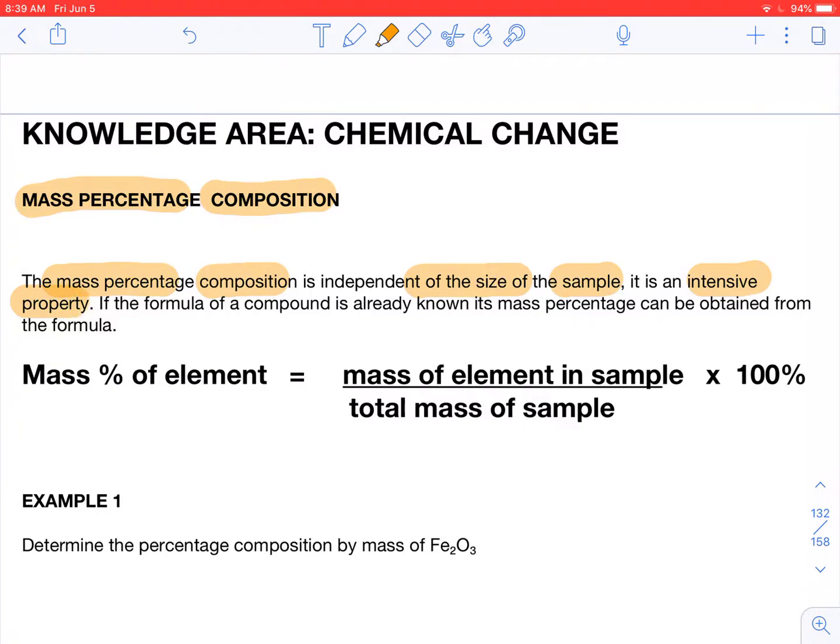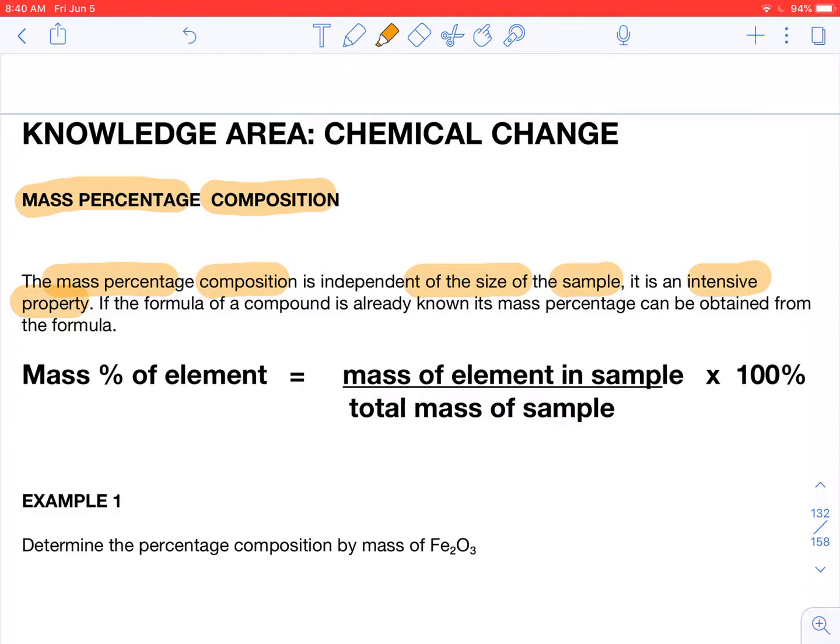An intensive property doesn't depend on the size of the sample, whether we have 200 grams, 100 grams or 50 grams of the sample. The percentage composition is regarded as an intensive property, more or less like density.